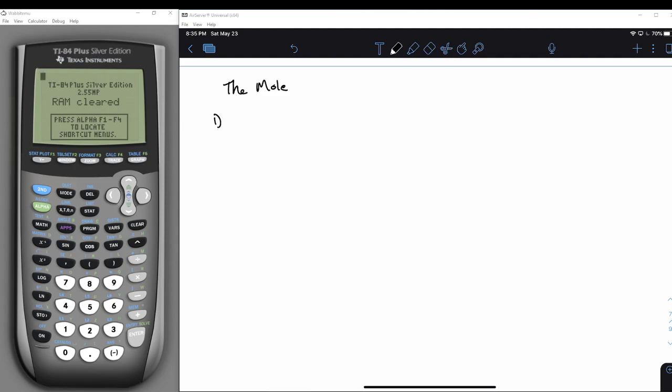But the first question is just defining a mole. And 1 mole is equal to 6.02 times 10 to the 23rd units. So notice that there's no unit for mole. It's whatever unit you want to put for it. So if you say a mole of eggs, then that's 6.02 times 10 to the 23 eggs. If you say a mole of atoms, then that's 6.02 times 10 to the 23 atoms.